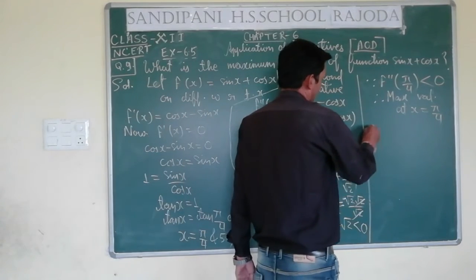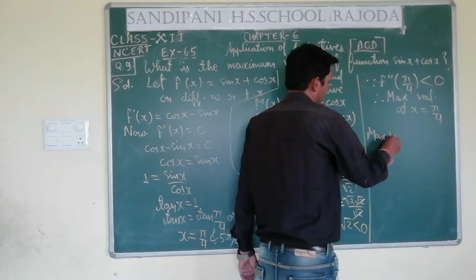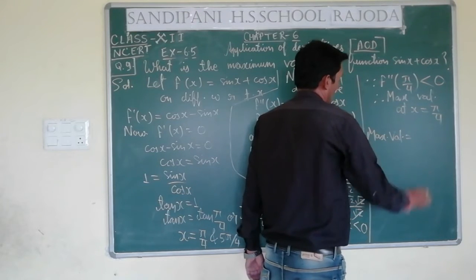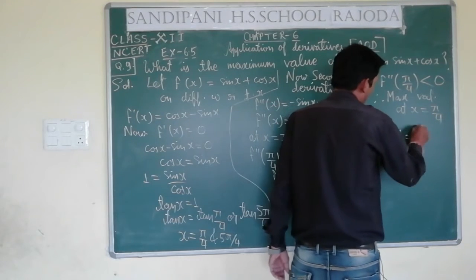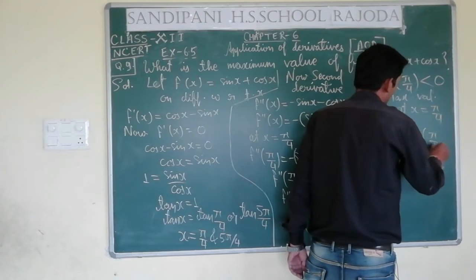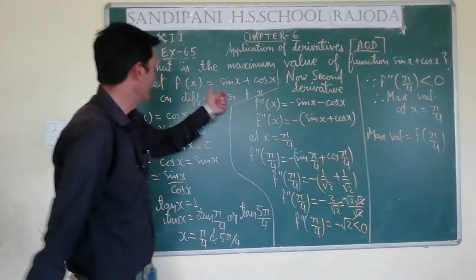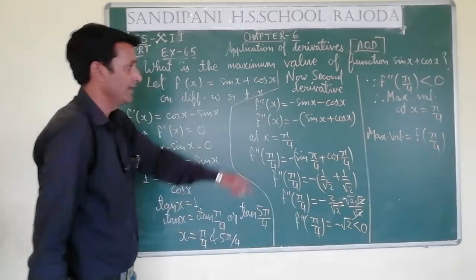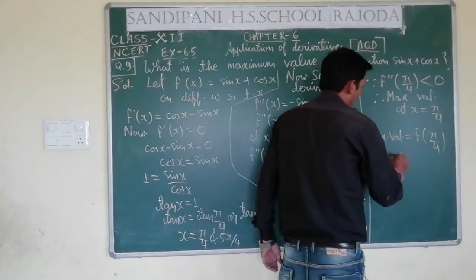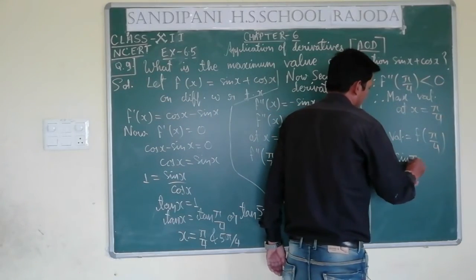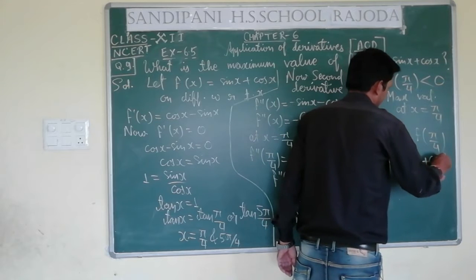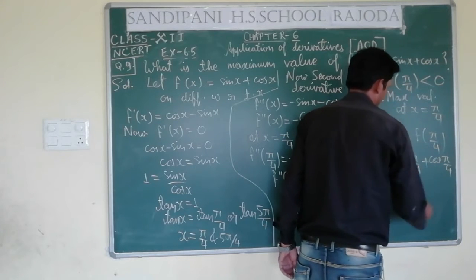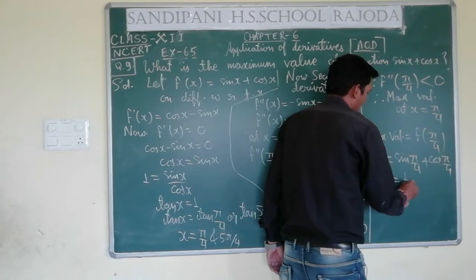So maximum value is equal to what? Maximum value is equal to f of pi by 4. F of pi by 4 means we have to put it in the given function. So it will be sin pi by 4 plus cos pi by 4, that is equal to 1 upon root 2 plus 1 upon root 2.